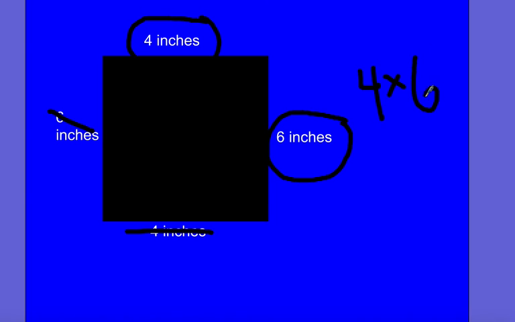If I want to find the area of this, I do the length times the width. I can ignore the other two numbers. The area is 4 times 6. 4 times 6 is 24 square inches.